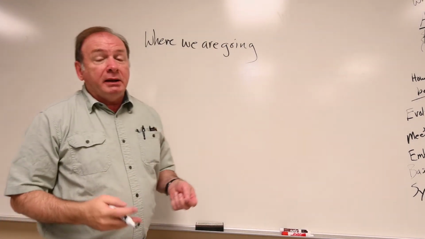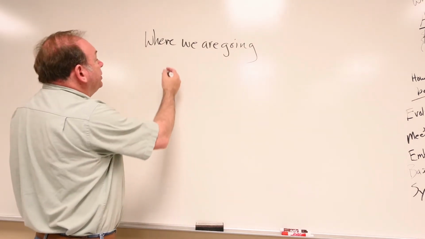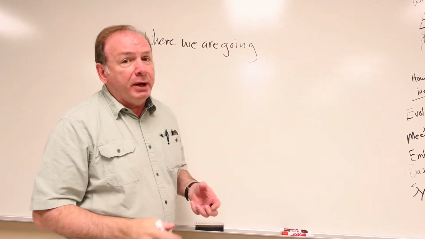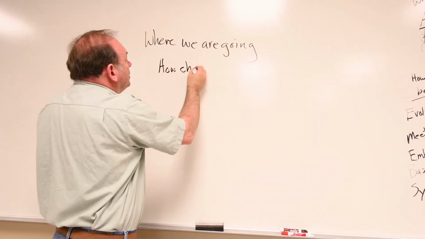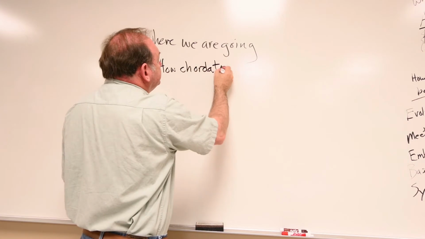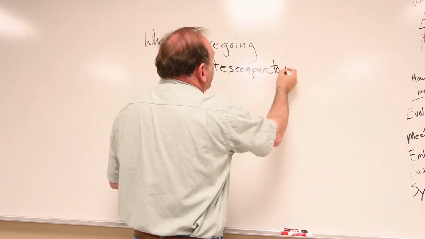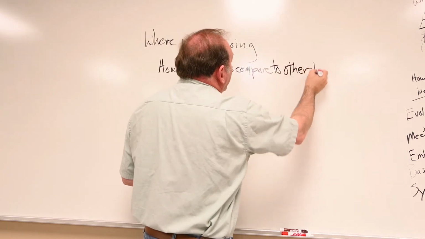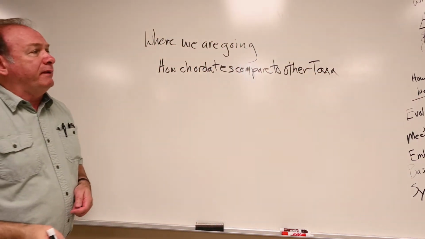First of all, this is mainly about chordates, the phylum Chordata, but we're going to talk just briefly about how chordates compare to other kinds of animals, other taxa or groups of animals.